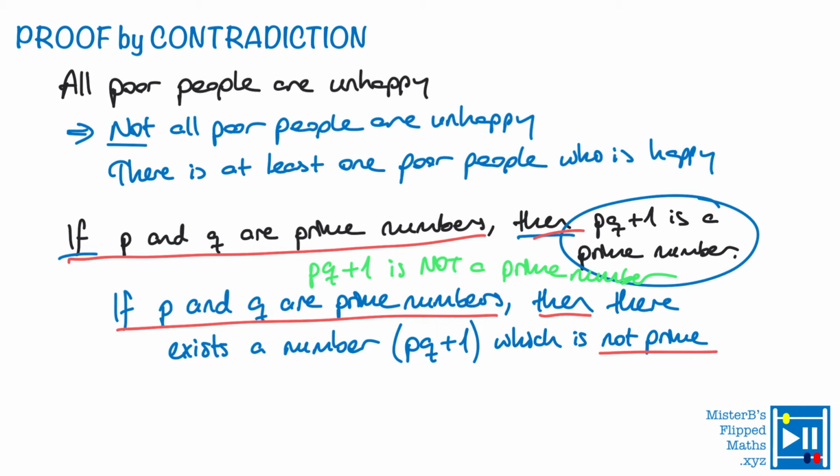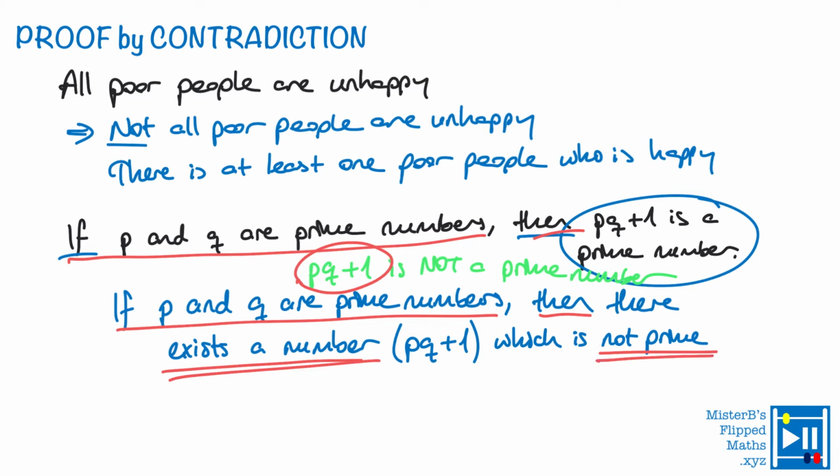Now this sounds like a negation, but when we state that PQ plus 1 is not a prime number, we're talking about all such numbers in the form of PQ plus 1. And again, this is a bold statement. We have to consider only one number that could exist, and it's not prime.